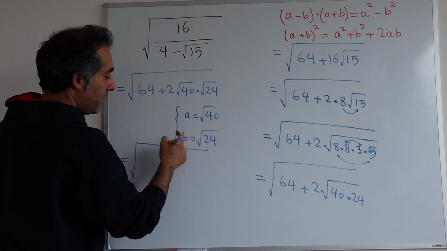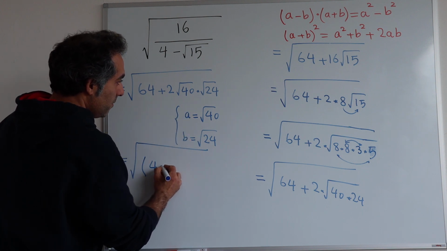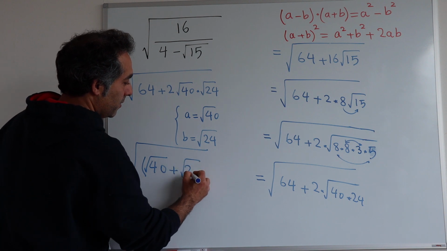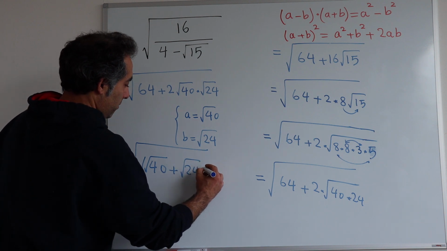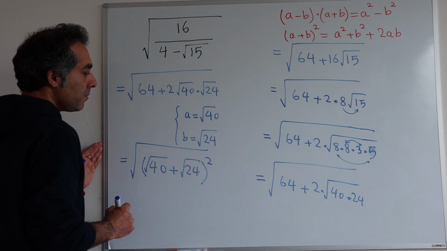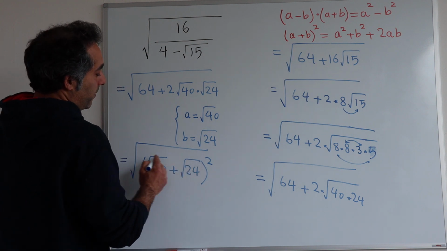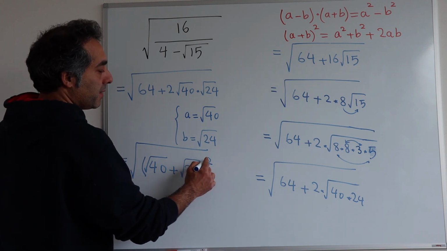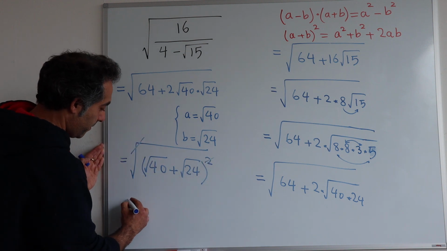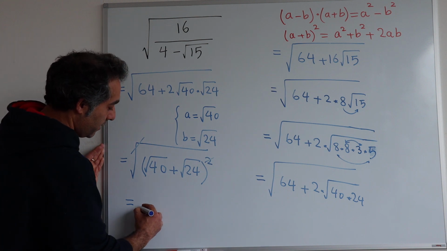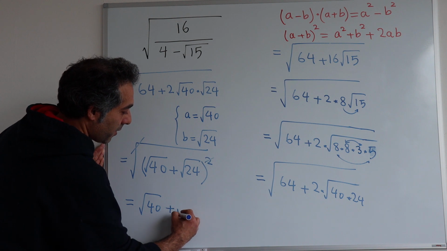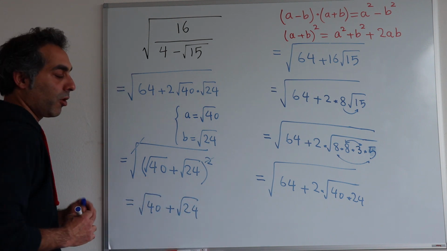So with this A and this B, square root of 40 plus square root of 24 to the power of 2. Now I can simplify this power with this square root. So the answer is square root of 40 plus square root of 24.